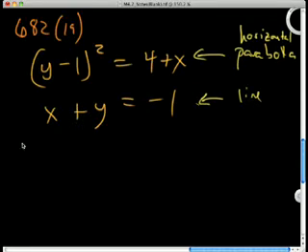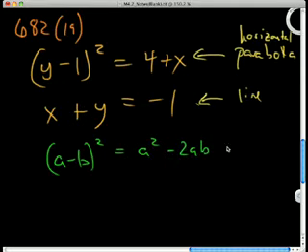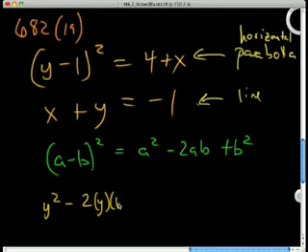When I expand that, I'm going to use this pattern: a minus b, all squared, is equal to a squared minus 2ab plus b squared. Let's plug in a and b. A is y, b is 1. And I'll get y squared minus 2 times y times 1. B is positive 1 in this case, since the minus sign is already included in this pattern.